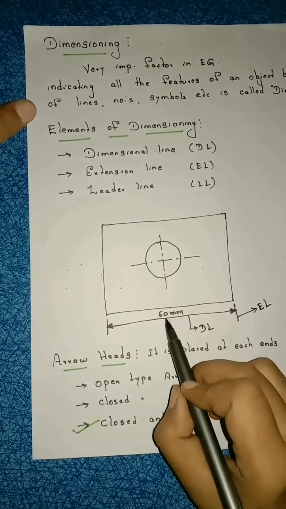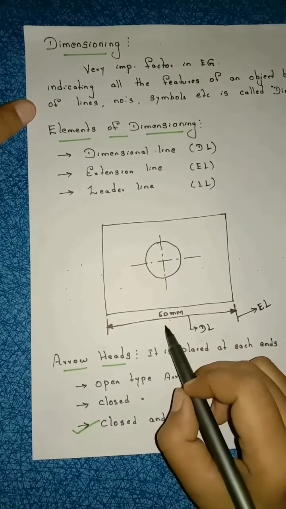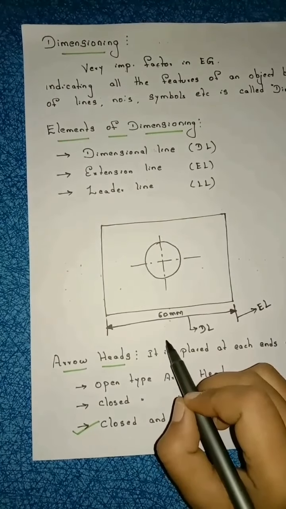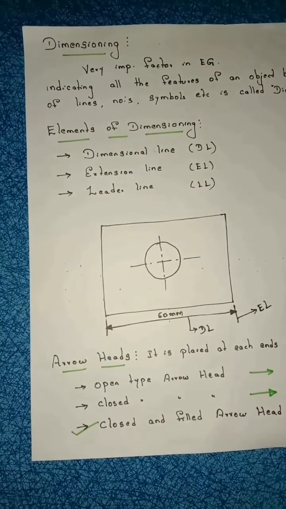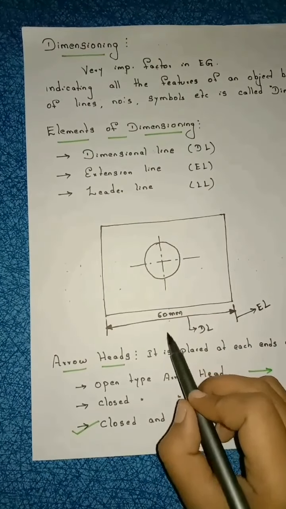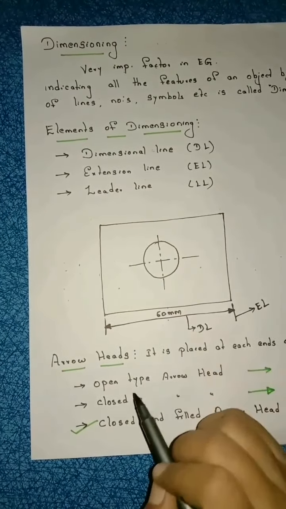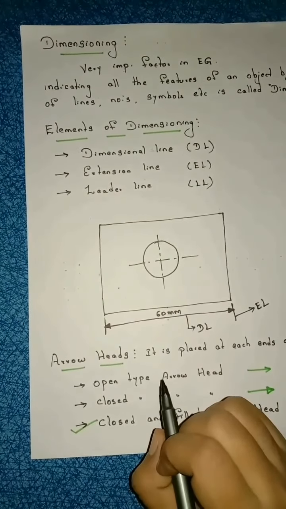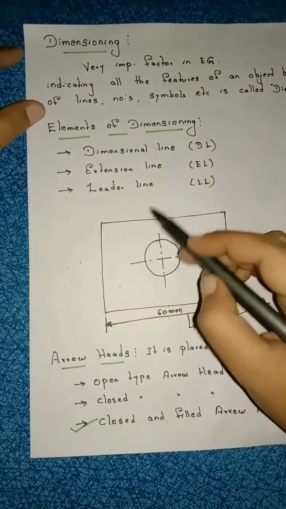And the important thing is, always mark the dimensions above the dimensional line, in the middle of the dimensional line. Don't forget this.